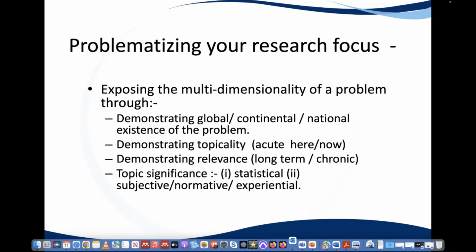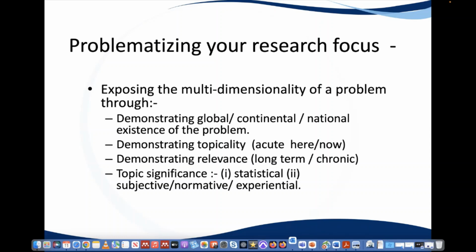The other way that you demonstrate that a problem is expansive and deserves attention is to demonstrate what we call relevance. Now, relevance is a slightly different operator from topicality. When I say something is relevant in the world of problematization, I'm basically saying that this thing has been a problem for many years before this, and it continues to be a problem that affects us.